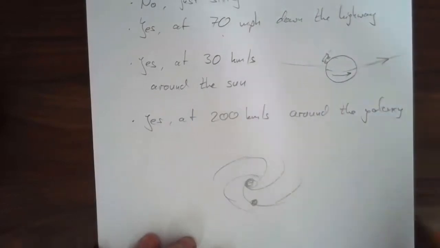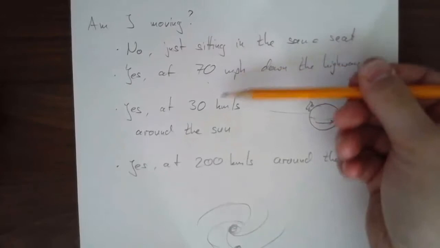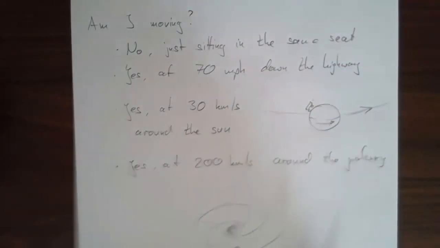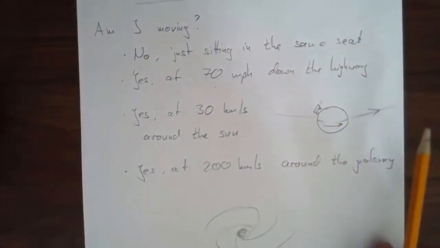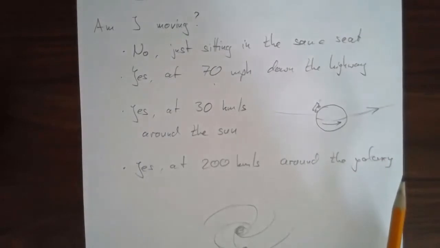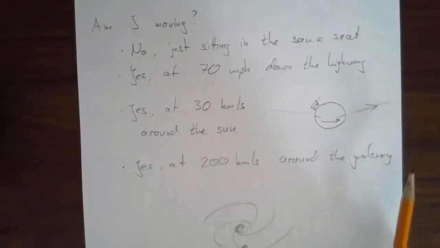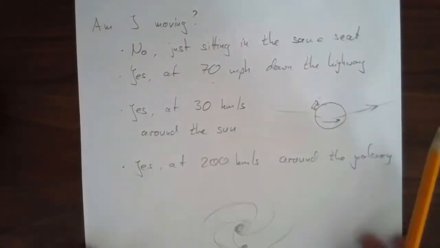We're going around the galaxy at around 200 kilometers per second. So which of these answers is correct? Which of these answers says, yes, I am moving, or no, I'm not moving, and how fast? Of course, none of them is more correct than any others. They're all correct, but it depends on what's called your frame of reference.